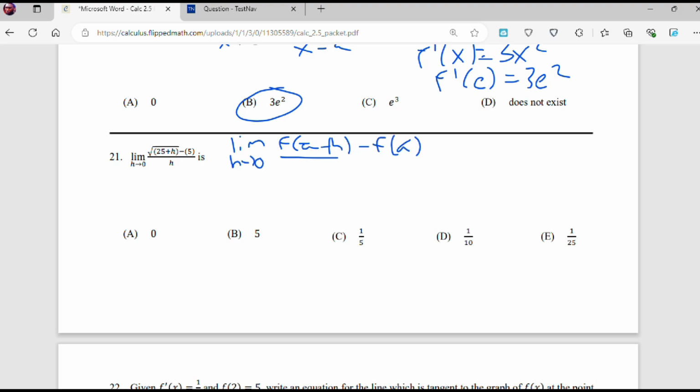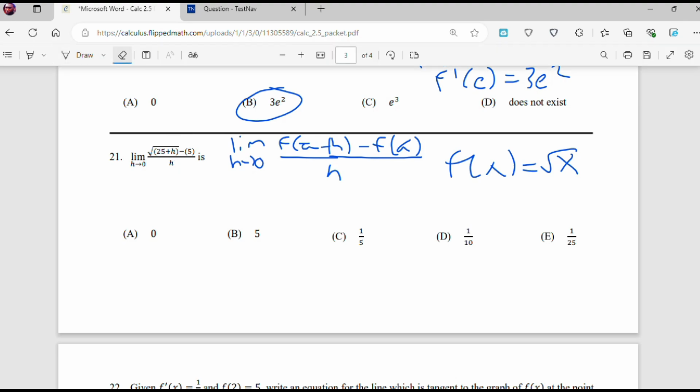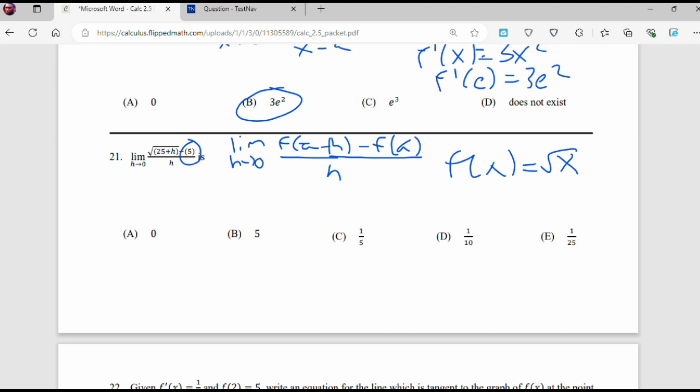So our a is gonna be 25. Okay, over h. So this is our f of a plus h, and we can notice that that function is simply square root of x, right? If you plug in 25, you're gonna get 5, which is right here, right? This is gonna be your f of a.